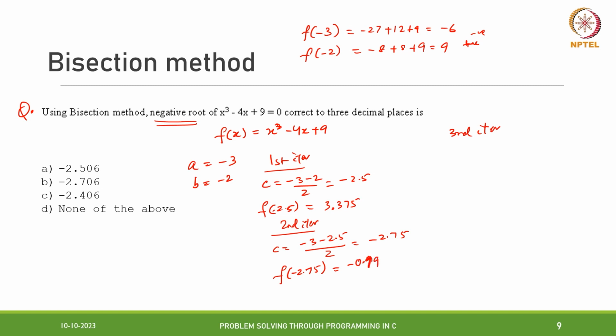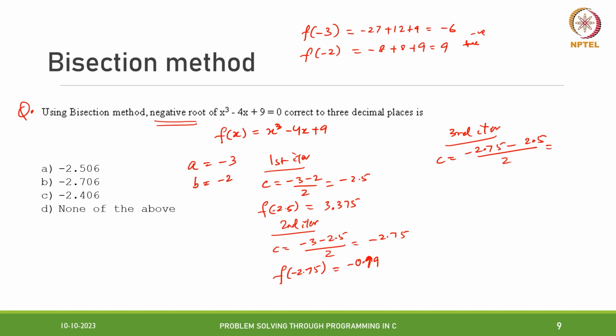Okay, so this is getting pretty close to 0. So we know that we are close to our root now. So next what we do is we take this minus 2.75 instead of minus 3, because minus 3 was how much? Minus 6, right? And from there we went to minus 0.79. So we are getting close to the root now. So we'll take minus 2.75 minus 2.5, right?